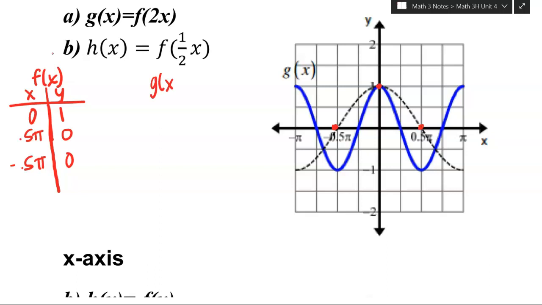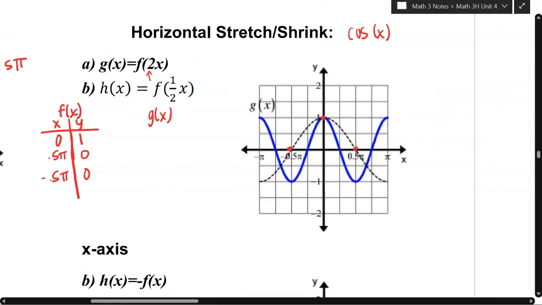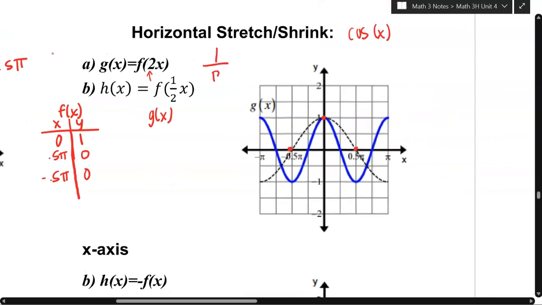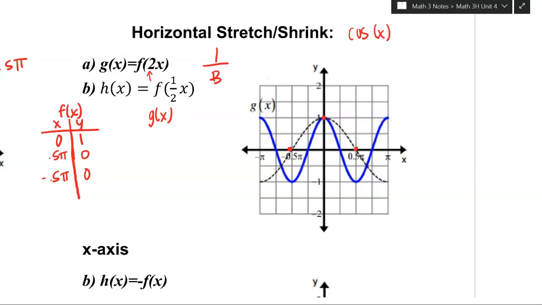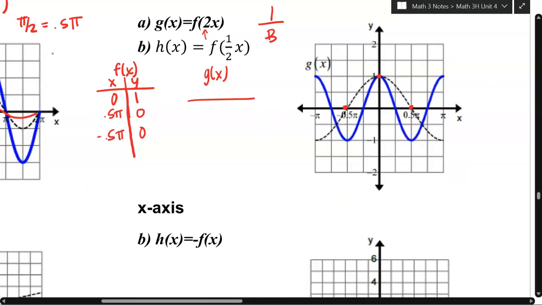For g of x, we are going to be multiplying by 2 in the horizontal. Now remember, with our horizontal stretches or shrinks, we are doing 1 over b. So we're actually going to be multiplying by that reciprocal. And it's our x values that we are going to be multiplying by.